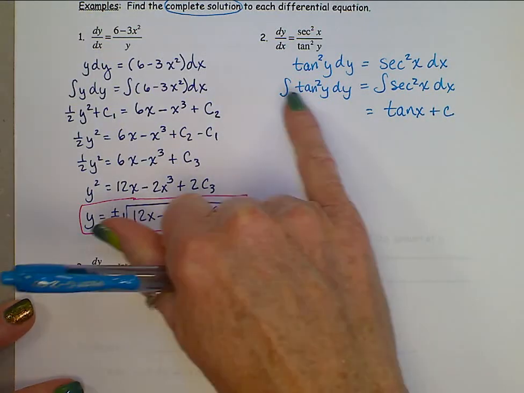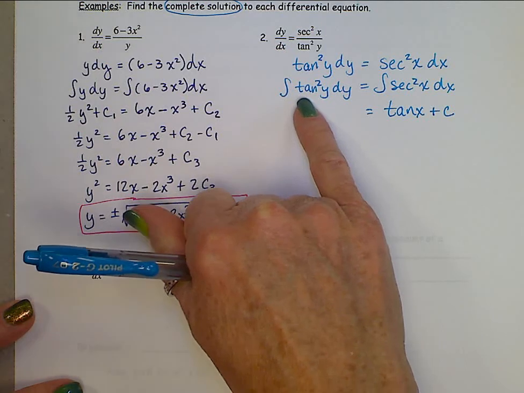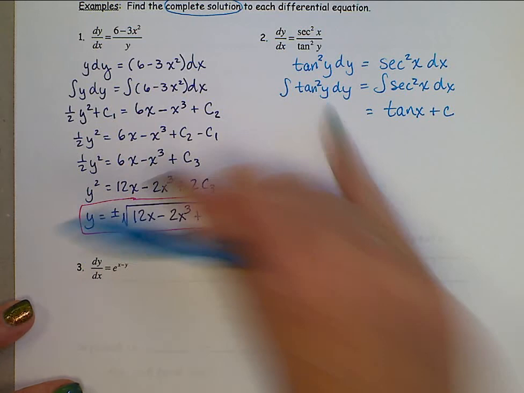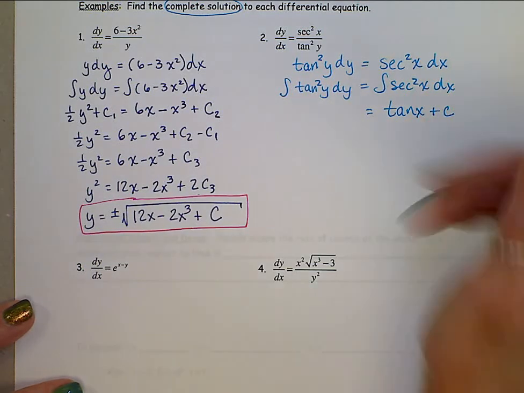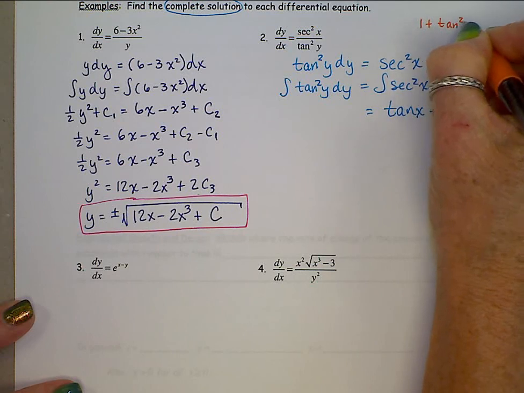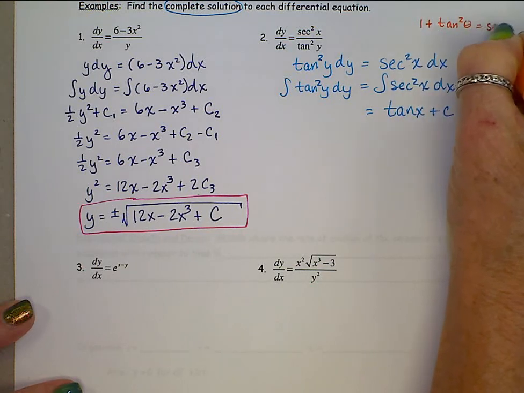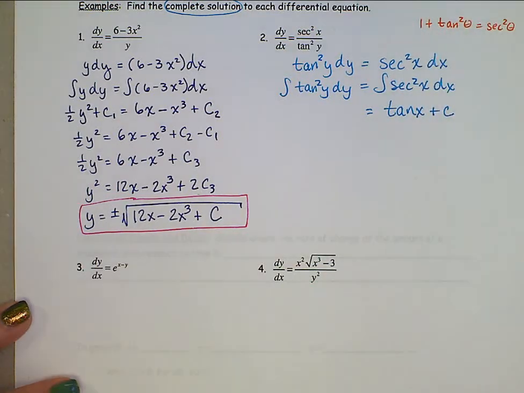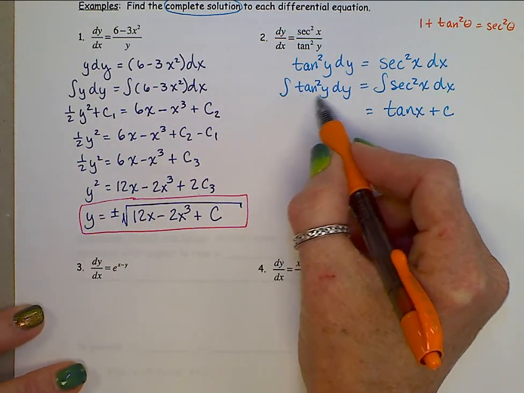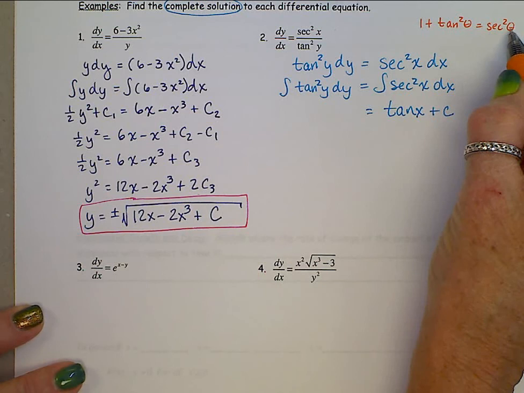On this side over here, there is nothing off the top of our head that when you take the derivative gives you tangent squared y. But you remember your pre-calculus, and you know that 1 plus tangent squared theta is equal to secant squared theta. So then we can replace this tangent squared with secant squared minus 1.